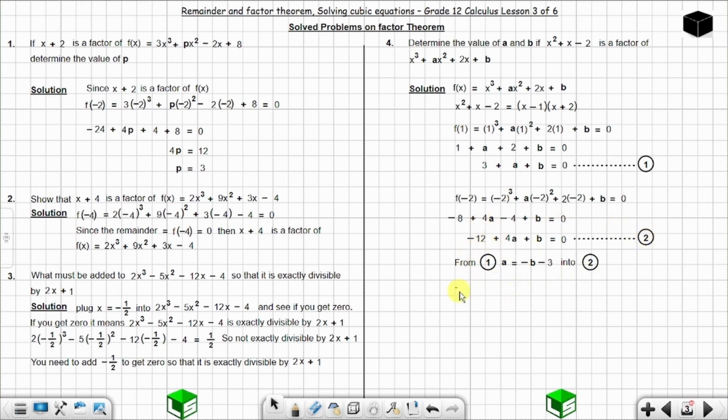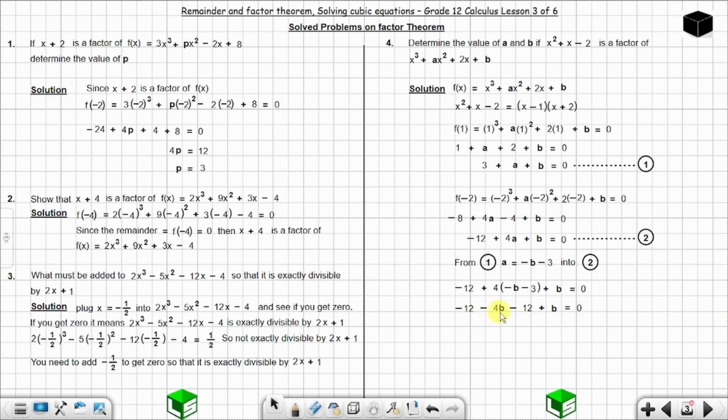You have negative 12 plus 4a, where a is this, negative b minus 3, plus b, equal to 0. So you have negative 12, negative 4b, negative 12, plus b, equal to 0.